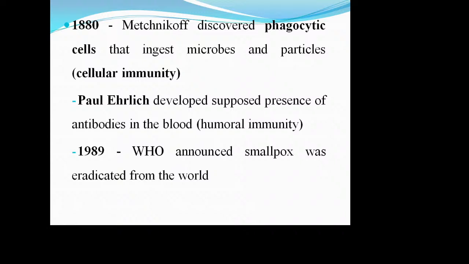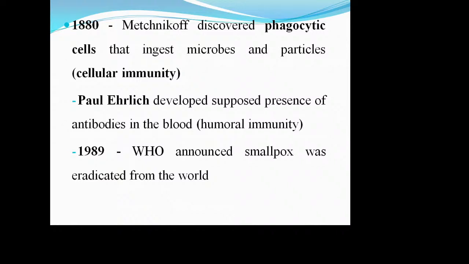He proved that some human cells are able to engulf and ingest foreign cells, like bacteria, for example. Then he called these cells phagocytes. So Ilya Mechnikov was a founder of the phagocytic theory of immunity, or phagocytic or cellular immunity.